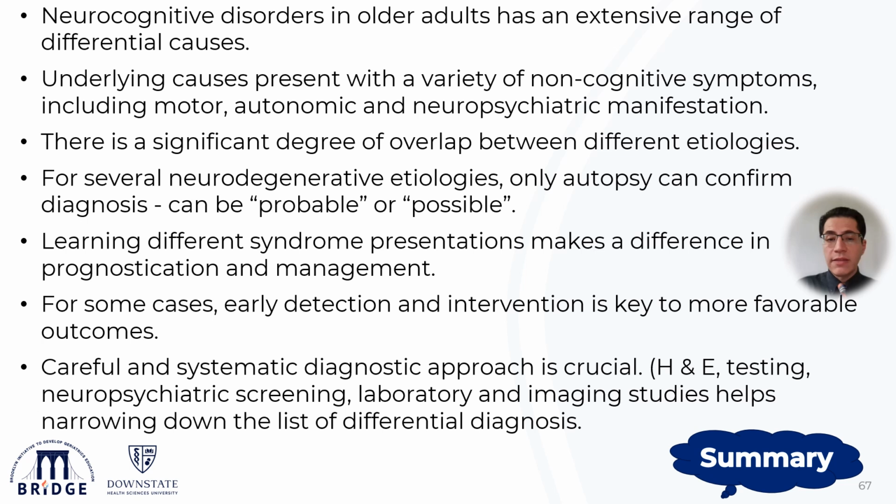There is a significant degree of overlap between these different etiologies, and for several neurodegenerative etiologies, only autopsy can confirm the diagnosis, so clinically we can only make a probable or a possible diagnosis. Learning different syndrome presentations makes a lot of difference in their prognostication and management. For some cases, early detection and prevention is key to a favorable outcome. A careful and systematic diagnostic approach is crucial to narrow down the list of your differential diagnoses.